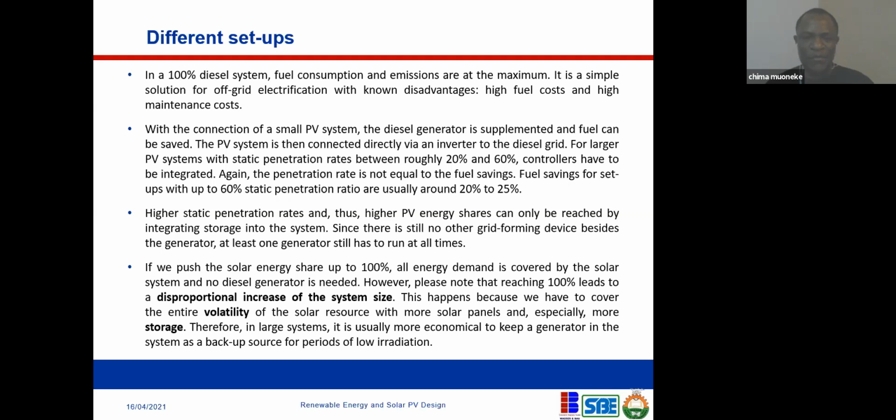Now, here is the problem. For most of the time, the load might be small, and then you oversize your system because you want 100% reliability. It becomes a big problem. You now have an oversized system with so much redundancy. That's why it is advisable that you size your system appropriately.